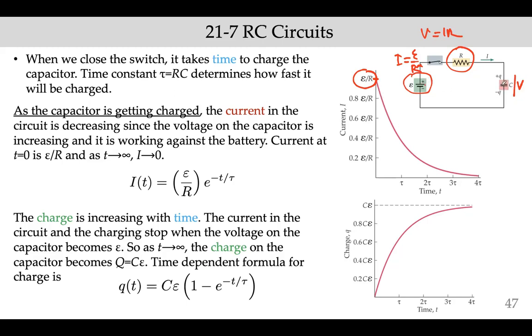So this is the current coming from the battery, and the capacitor creates its own current in the opposite direction. So the total current in the circuit is decreasing. And in fact, when the capacitor is completely charged, let's say if you have 9 volts, this will also be 9 volts, and the polarity is positive connected to positive, so the current will go to 0.